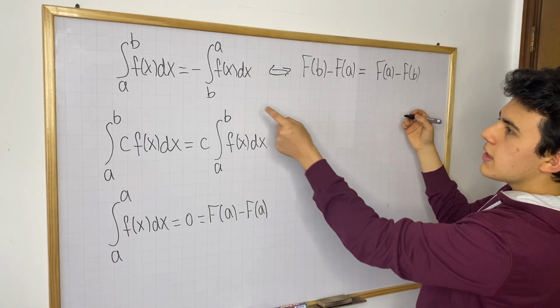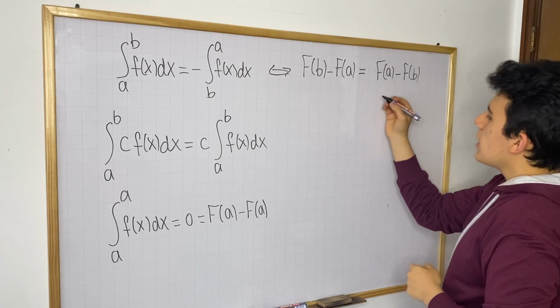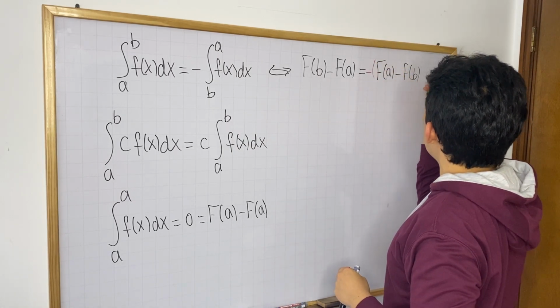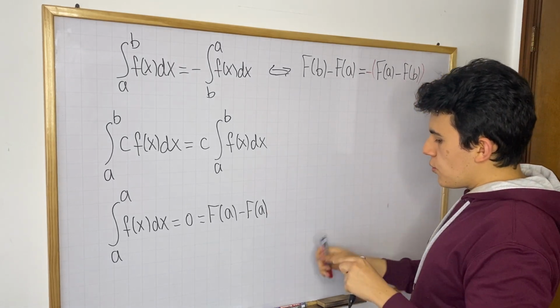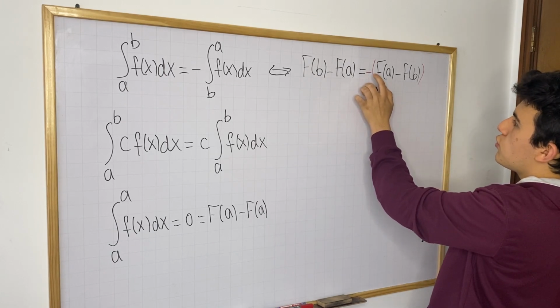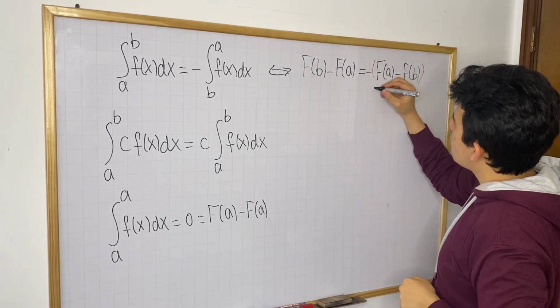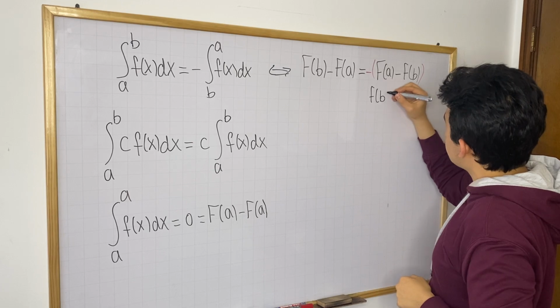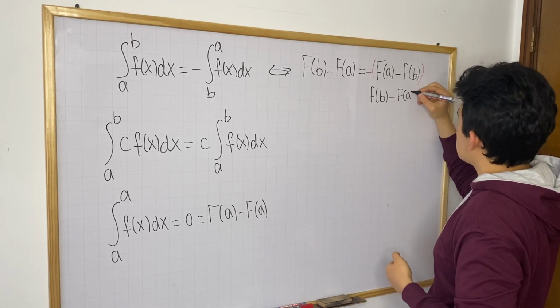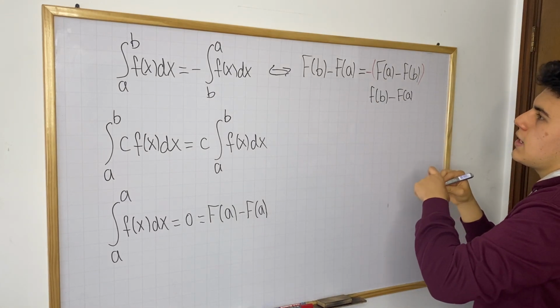Now, you can see that if you multiply by minus 1, when you distribute this negative 1 into these two, you get back to big F evaluated at b minus big F evaluated at a, which is exactly what we have on the left-hand side, okay?